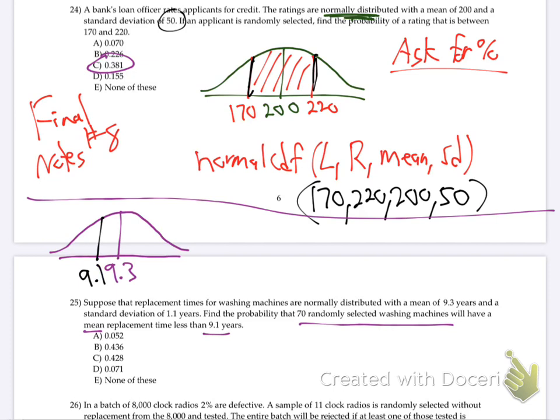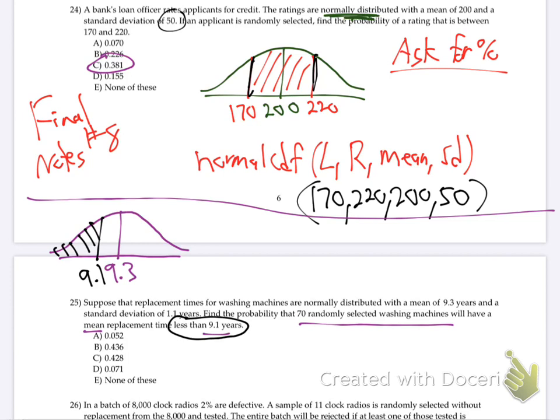Less than, so you put the other value on the normal curve, the 9.1, that's below 9.3, so it's left of the middle, isn't it? And then which way am I going to shade? Do they want the numbers higher than 9.1 to the right, or the numbers lower than 9.1 to the left? Less than 9.1, this way, huh? Does that make sense? See how the less than or greater than tells you which way to shade.